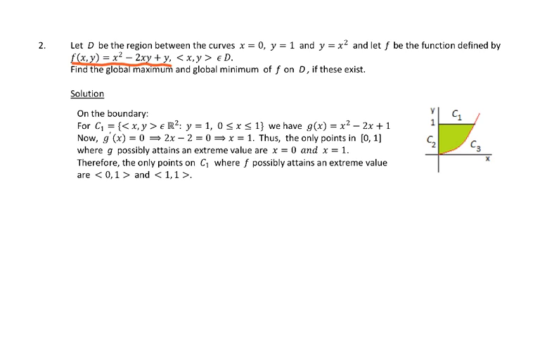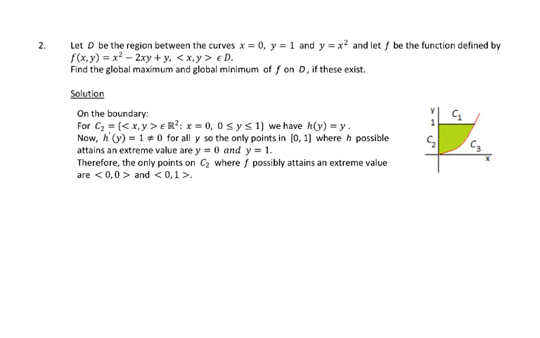Therefore, the only points on C1 where f possibly attains an extreme value are the points (0, 1) and (1, 1). On C2, we have x equal to 0 and y lies between 0 and 1. Again, if you substitute x equals 0 into the formula for the function, you get a function of one variable h defined by h at y equals y.